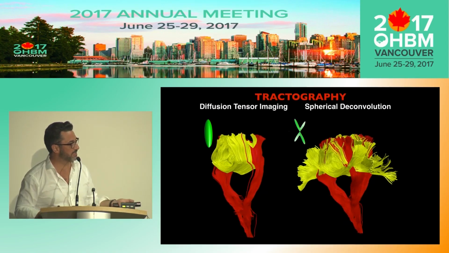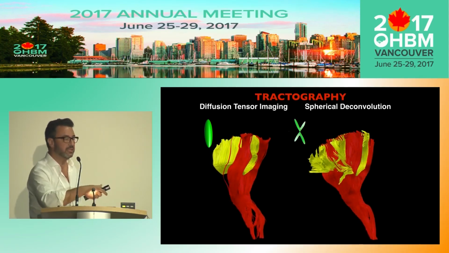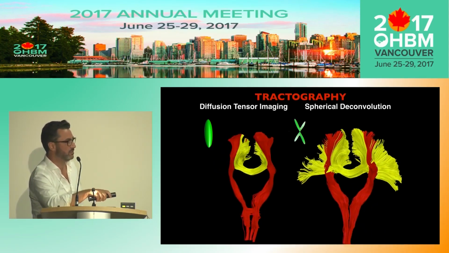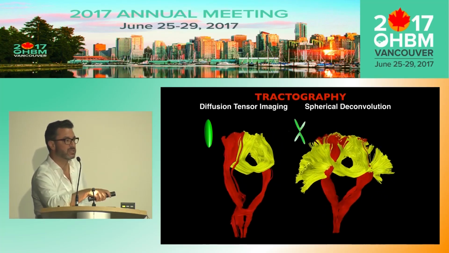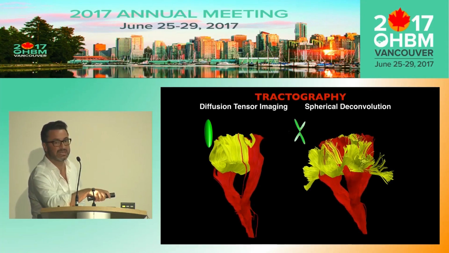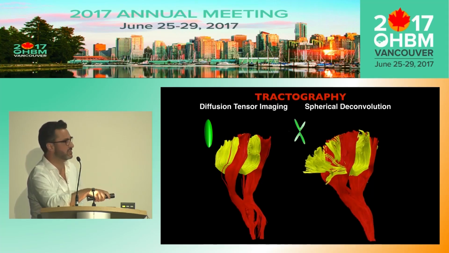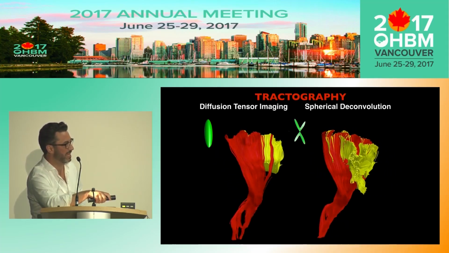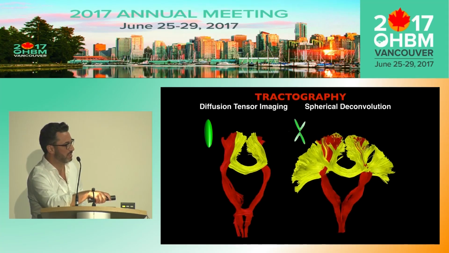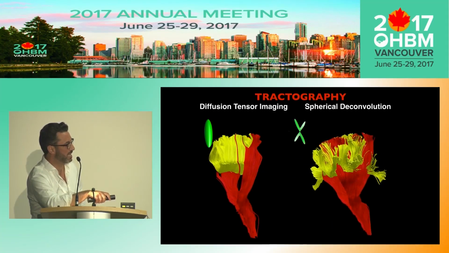Now, the other problem that we always have is that the diffusion tensor model that we use to track creates a lot of false negatives and doesn't allow you to see the entire anatomy. So it gave us the false impression that the corpus callosum stops in the middle of the brain, when actually the corpus callosum projects laterally.